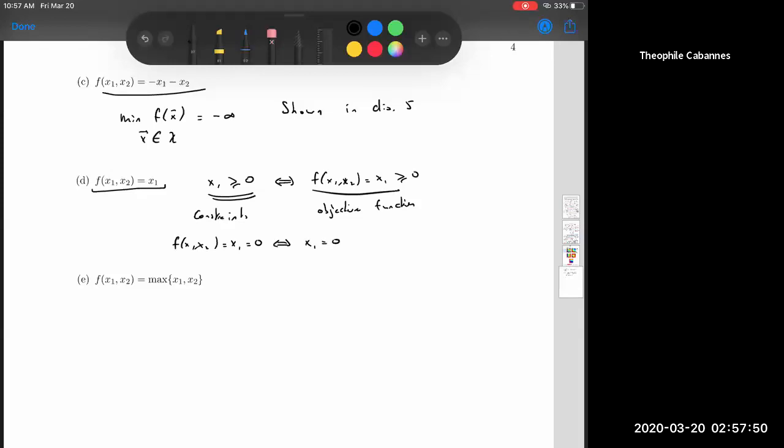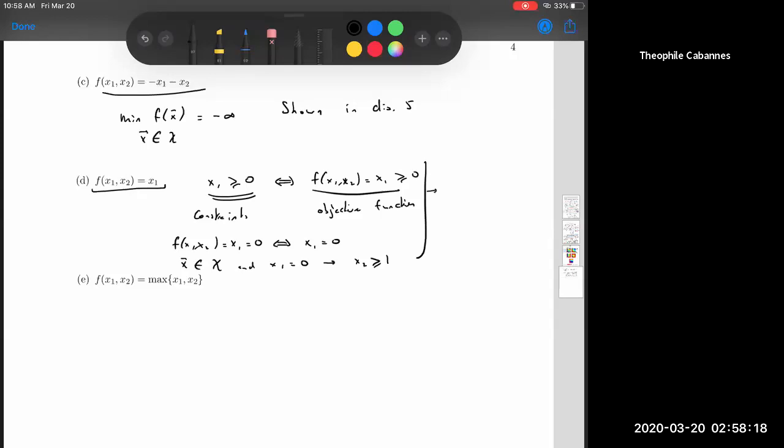And now if you want x to be feasible, and x1 to be equal to 0, this means that x2 should be greater than 1. So here you have already solved the minimization problem.